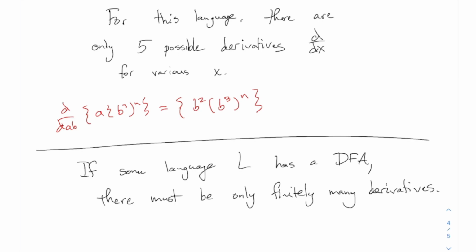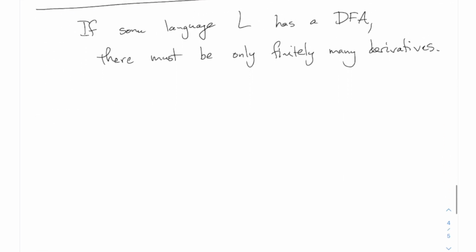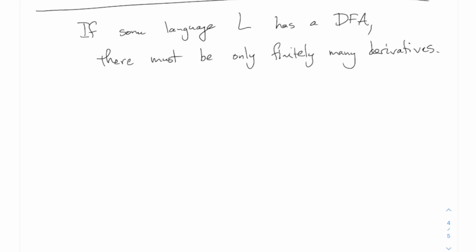However many states there are, those are the only choices for where you could shift the starting state to, and therefore there are only so many different derivatives that you could get. If some language has a DFA, there must be only finitely many derivatives. It is actually pretty easy to check whether there are finitely many or infinitely many derivatives, and this is how you can show that something either does or does not have a DFA.